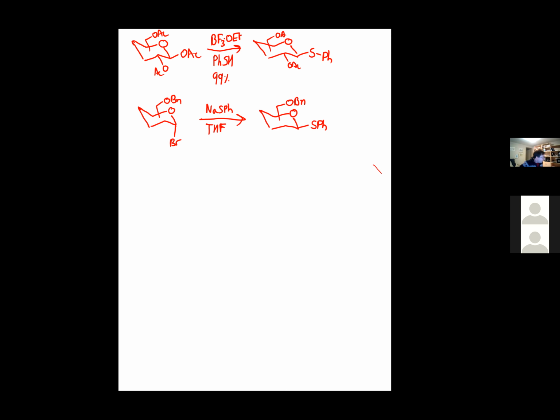So we can do SN2 chemistry directly on the bromide. Then we've got a few other options on how to go about doing this.